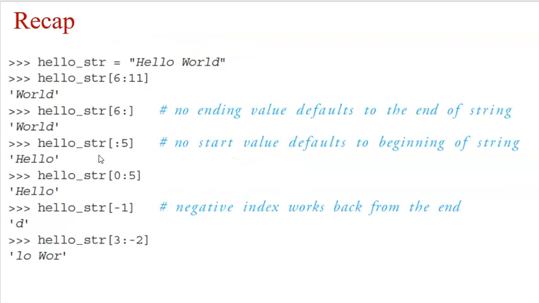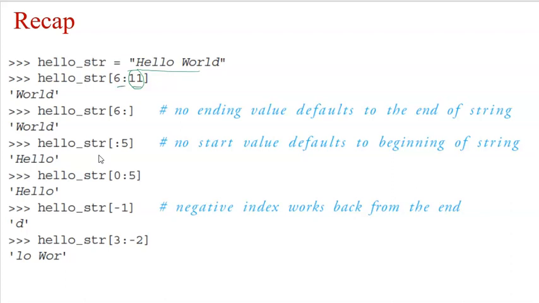Now, this is just a repetition of what we have learned about strings. When you index a string, here's a sample string, hello world. This is going to extract elements 6 to 10, not 11.